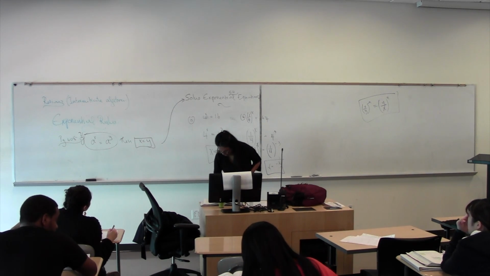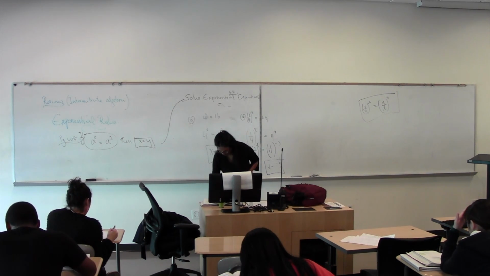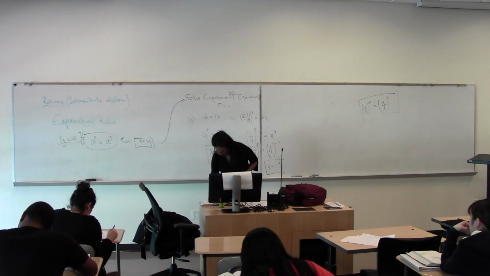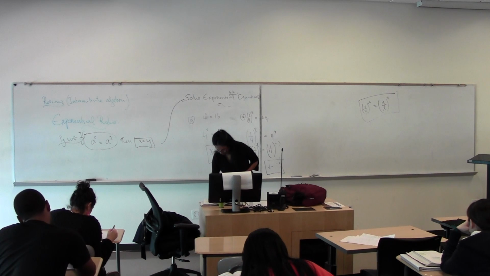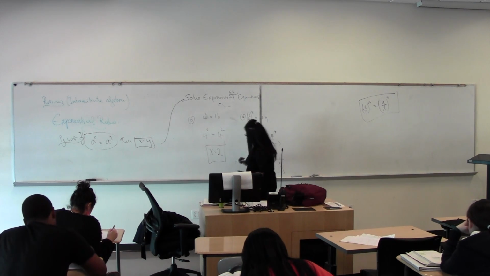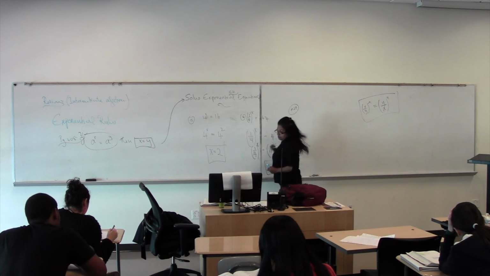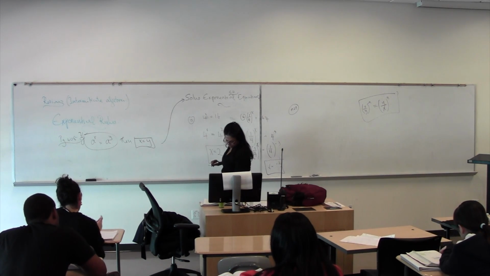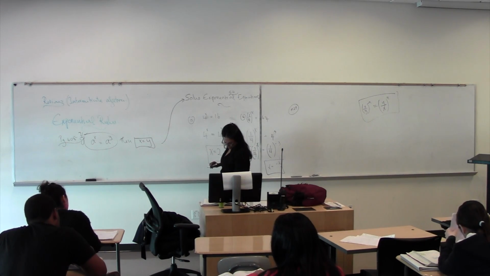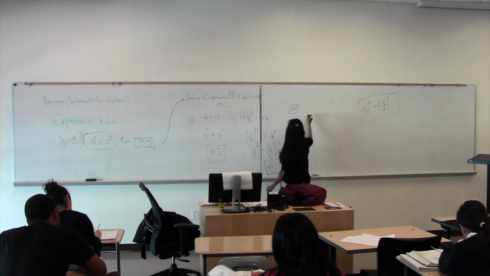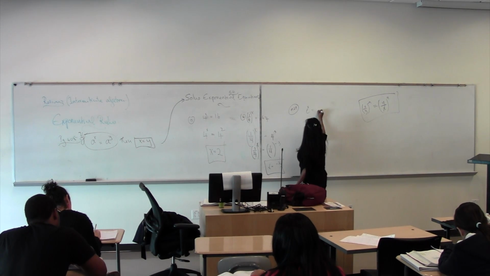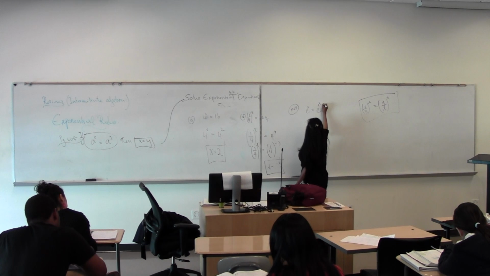Now we are going to number 29. e to the x is equal to e to the x squared minus 2.